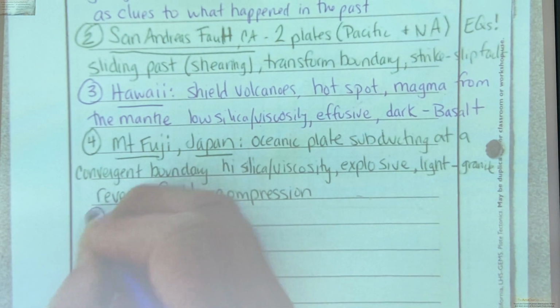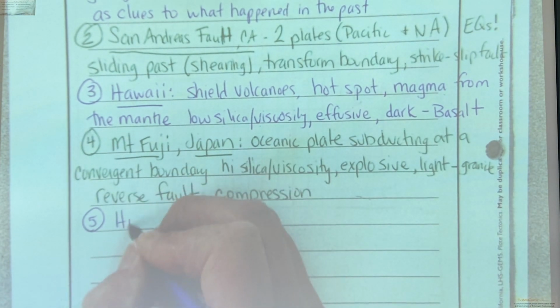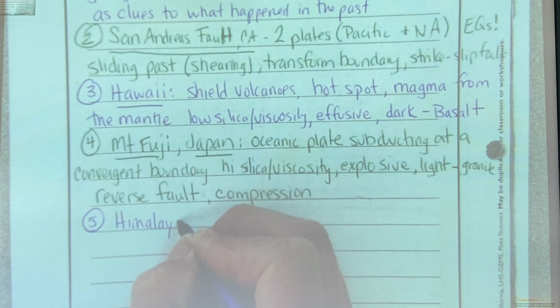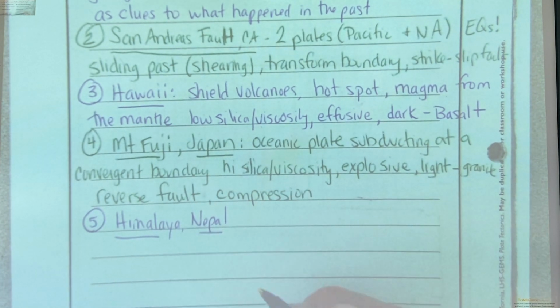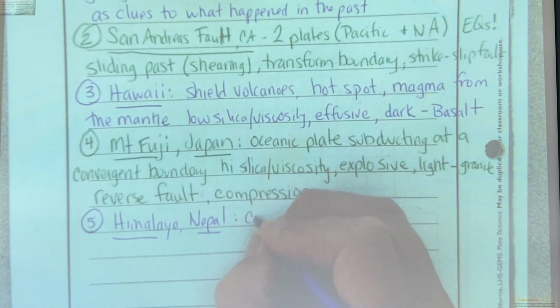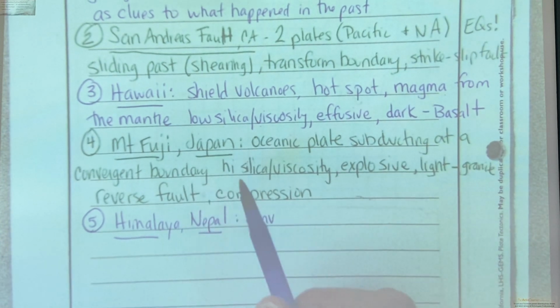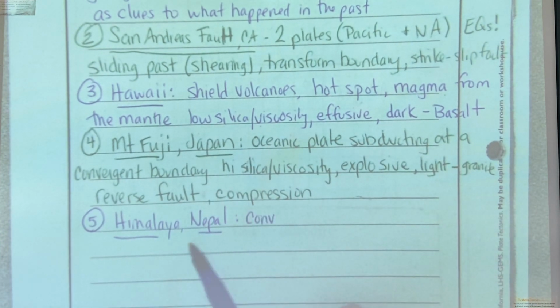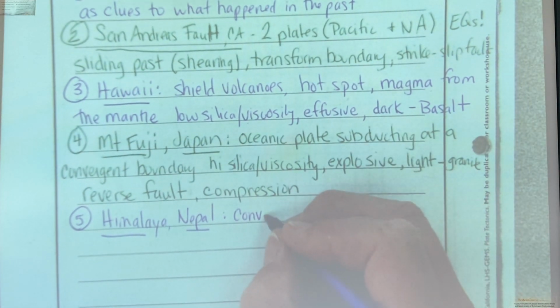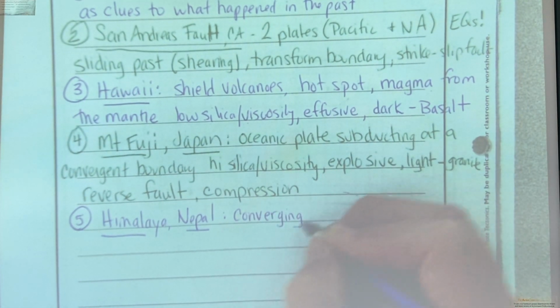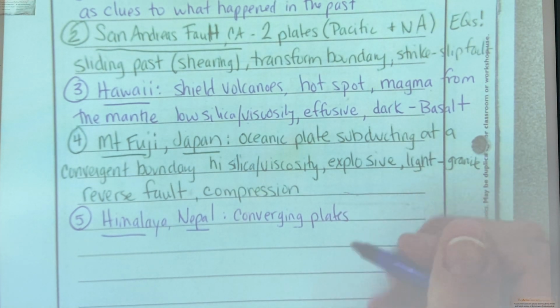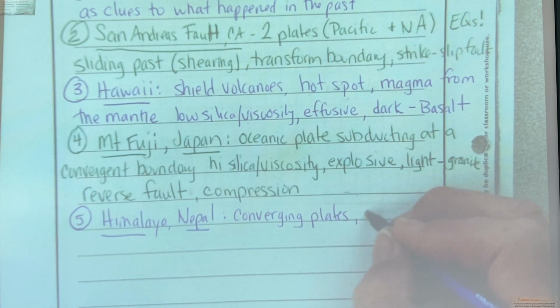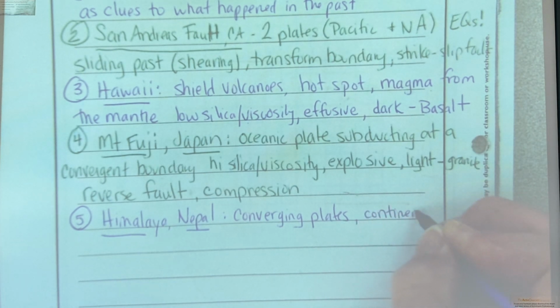Number 5, Himalaya in Nepal. And here we see converging, and so at Mount Fuji, we saw earthquakes and we saw volcanoes. The interesting thing in Nepal is we saw these converging plates and we see earthquakes, but we don't see volcanoes because they are continental plates.